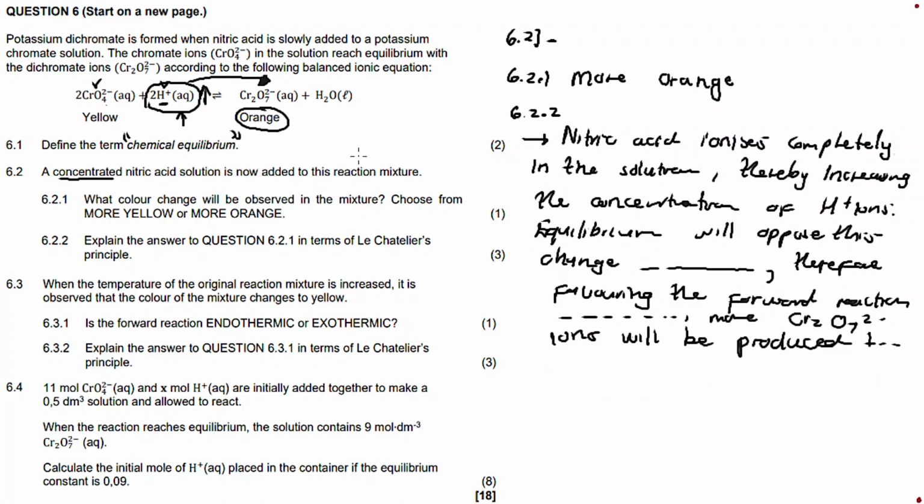So the structure of answering questions on Le Chatelier: always comment on the equilibrium shift, and say if the forward or the reverse reaction is favored, and then just talk about Le Chatelier's principle when there's a sudden change, whether it's concentration, pressure, or temperature.